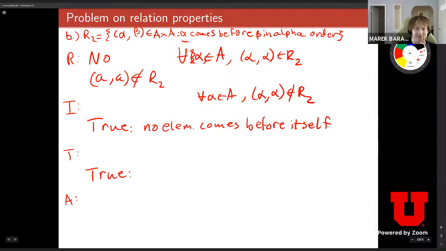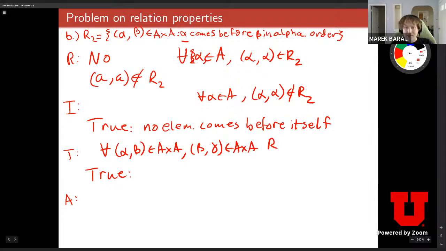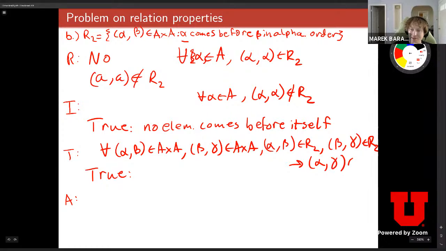This one is for all alpha, beta in A×A and beta, gamma in A×A: alpha, beta in the relation and beta, gamma in the relation implies alpha, gamma in the relation. So what makes this different from the last one?